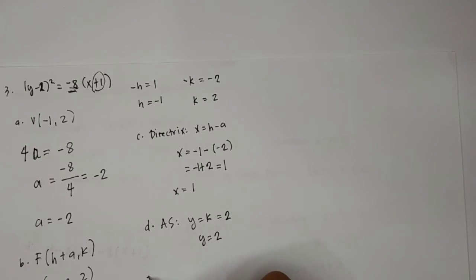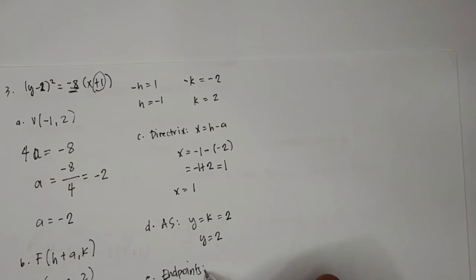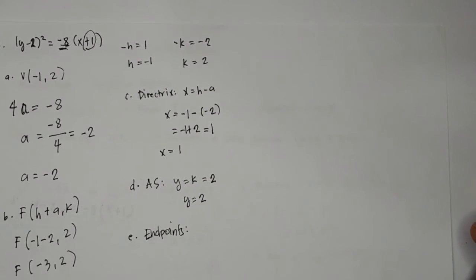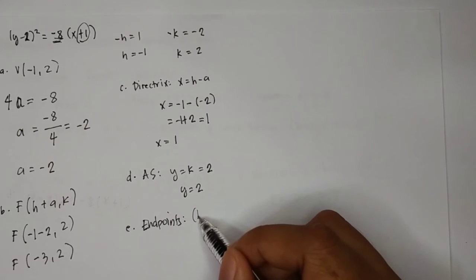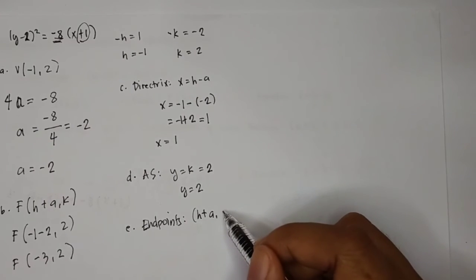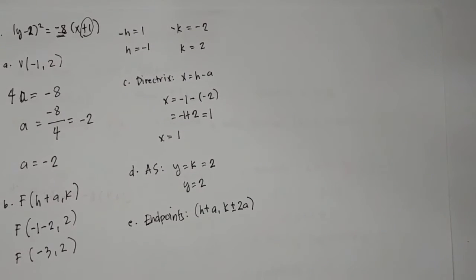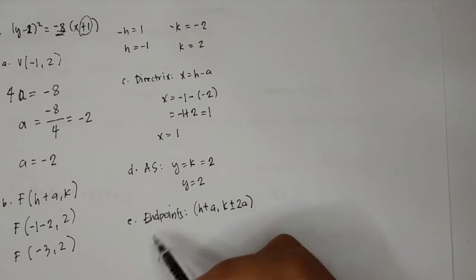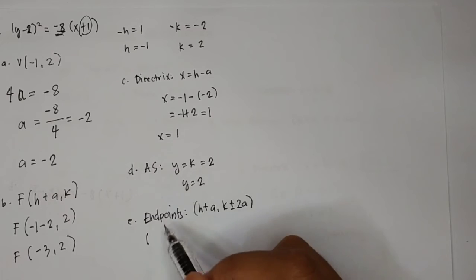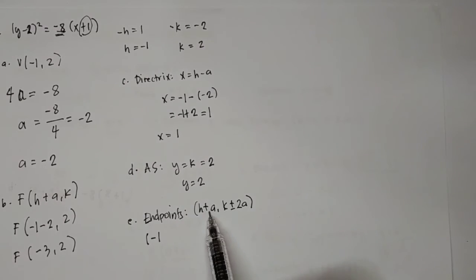Now, lastly, we have here our endpoints ng latus rectum. So, again ha, ano yung formula natin? Meron tayong h plus a, comma, k plus minus 2a. Okay, so, ano yung h natin? We have negative 1. Ano yung a, diba? Negative 2.